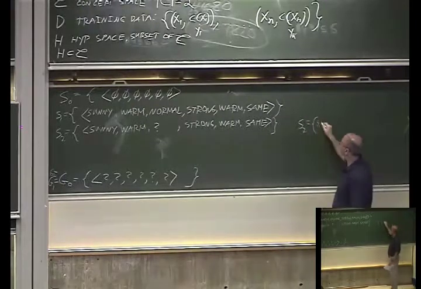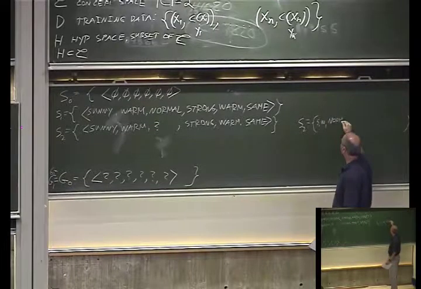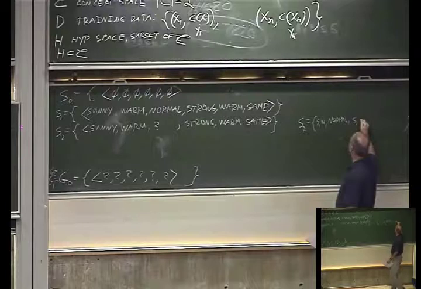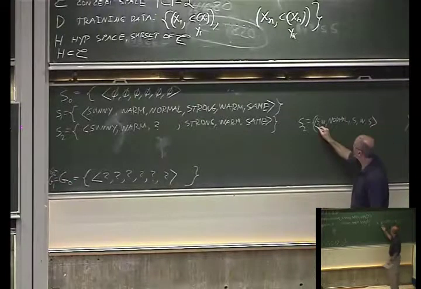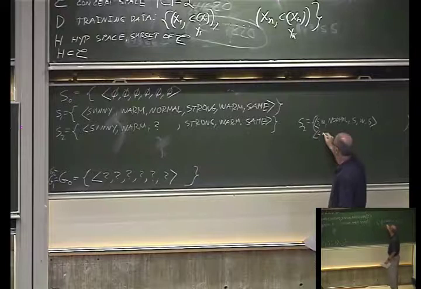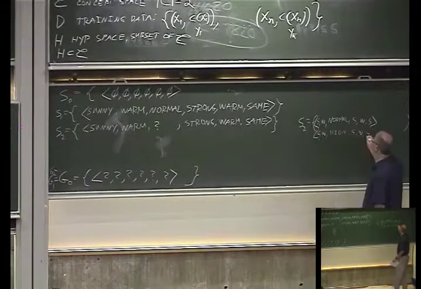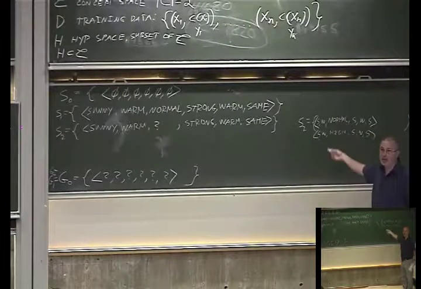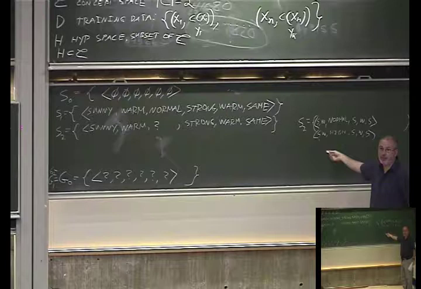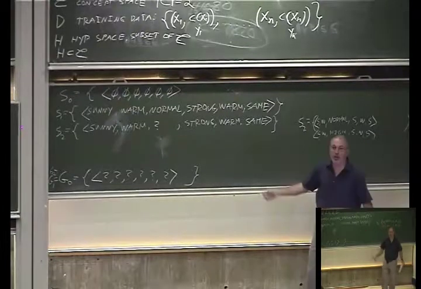One is sunny, warm, normal, strong, warm, same. And the other is sunny, warm, high, strong, warm, same. Is that what you're asking? Can we include these two members in S instead of this one member in S?